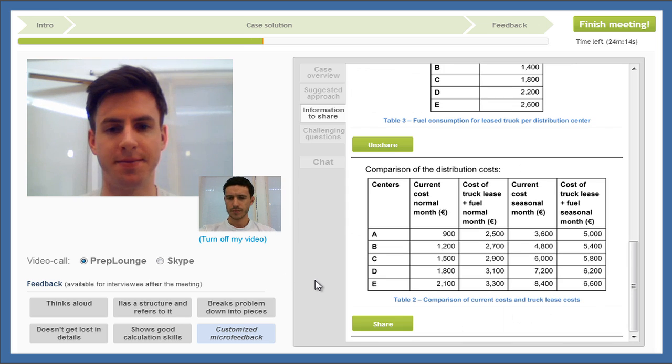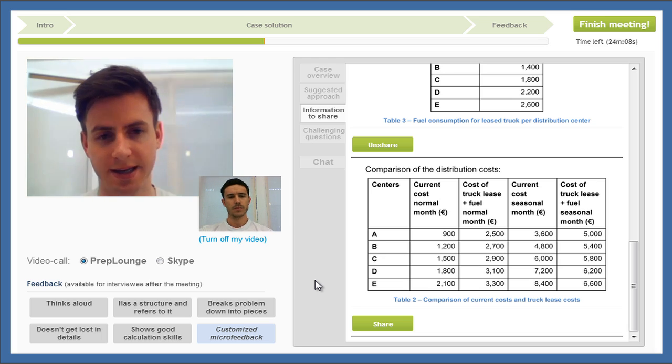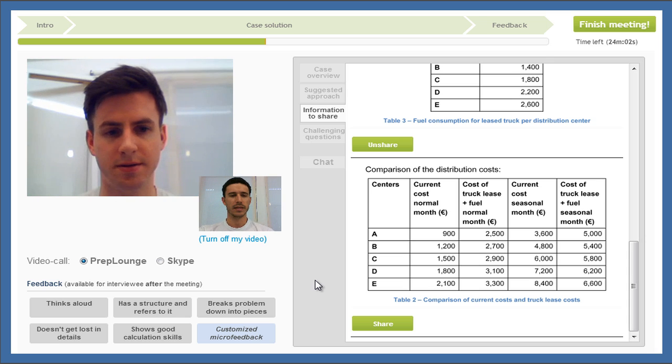Okay, now to calculate the charter costs, we have to differentiate between the two product lines as they're different. So you mean two lines? One is the normal non-seasonal and seasonal. Exactly, yeah. Okay. And for the normal line, we have the cost of delivery plus fuel. So this is the 4,000 plus the average fuel cost of 1,800.